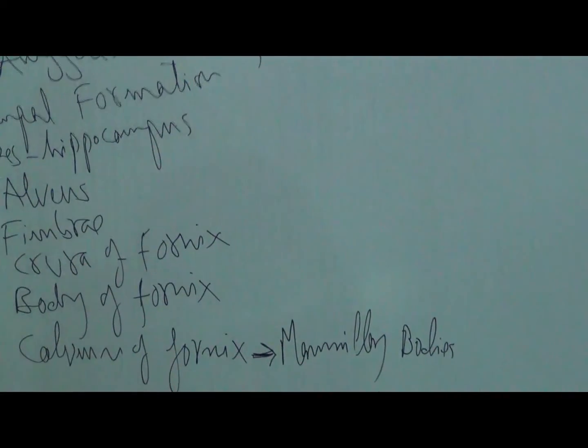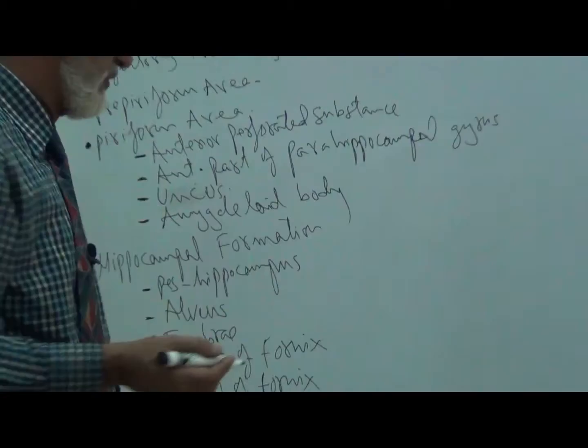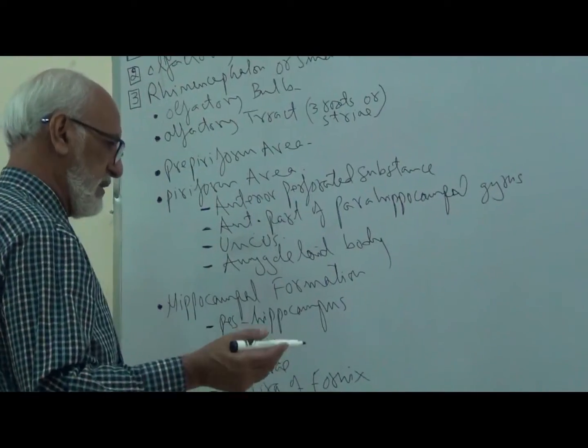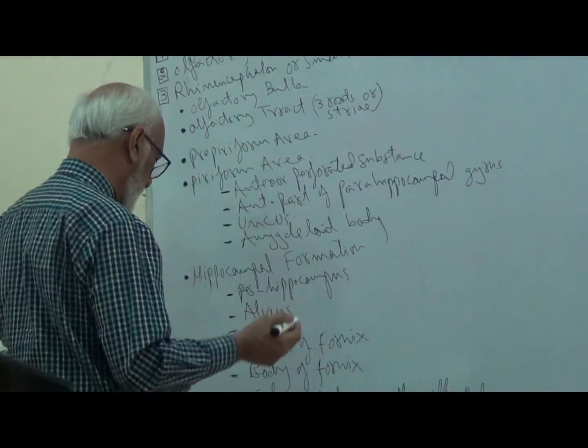And from the mammillary bodies, the mammillothalamic tracts arise, which go to the anterior and dorsomedial nuclei of the thalamus.